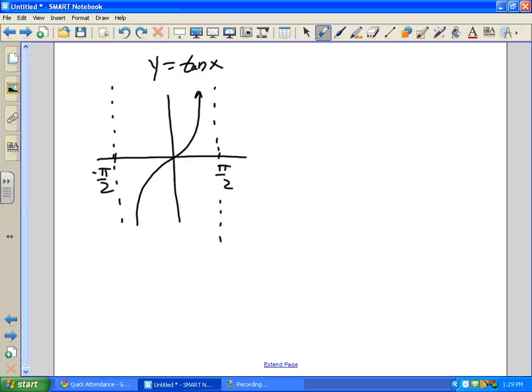Yes. What is the domain of the tangent function? But pi over 2 and -pi over 2 are not part of the interval, are they? So notice the difference. There's parentheses here. And what is the range of the tangent function? All real numbers, -∞ to infinity. So now let's look at the inverse tangent.